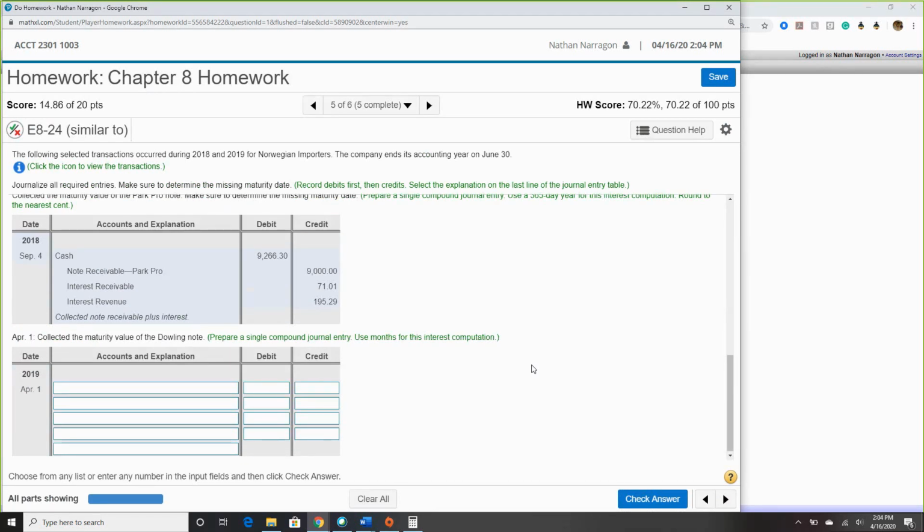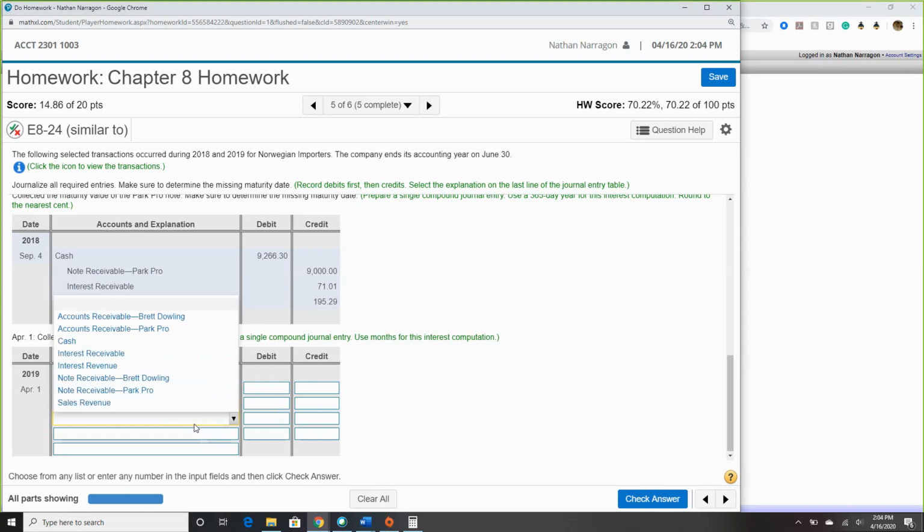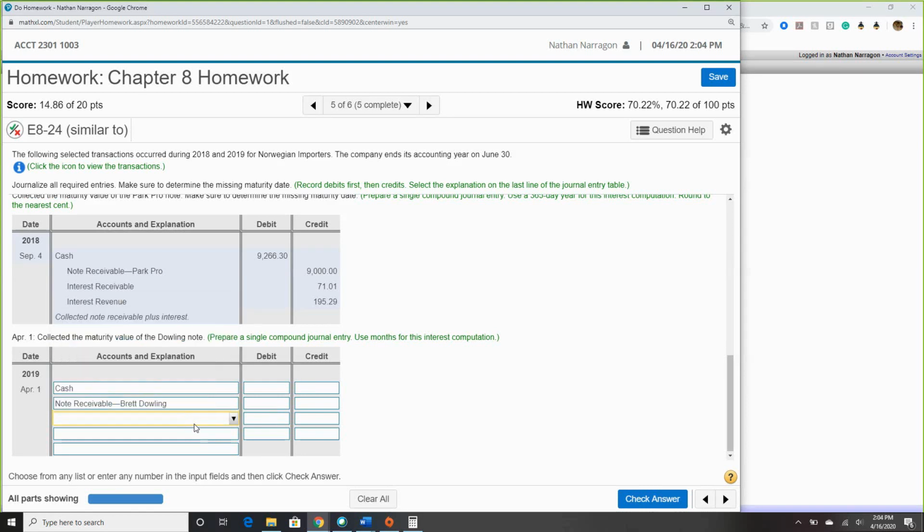Now we have to collect the maturity value of the Dowling note. The same thing is going on: cash, note receivable, which is my credit since it's getting paid off, interest receivable, and interest revenue, and of course collection on note with explanation.